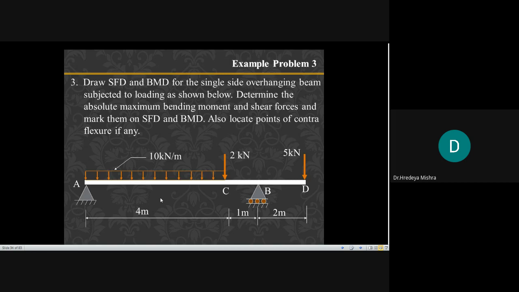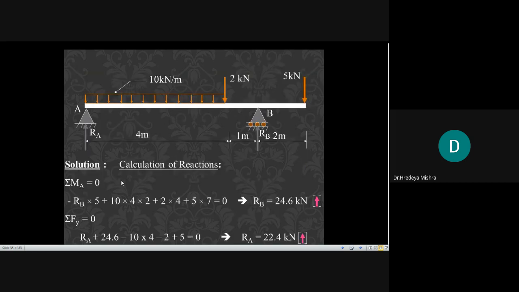So how are we going to solve this? See, this is not symmetry, so we get different values for the supports. Okay, so first we take sigma A where moment is zero. See here, sigma A. So RB is in this direction.